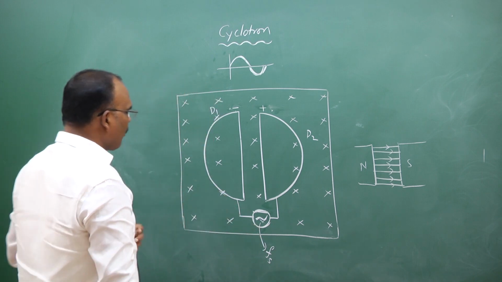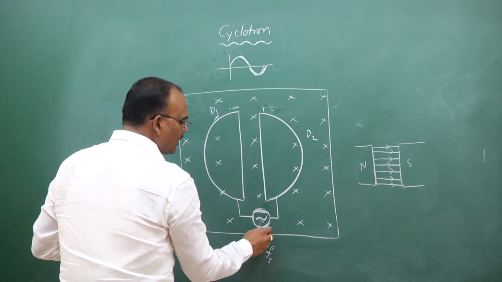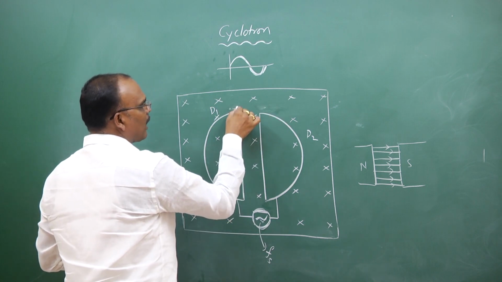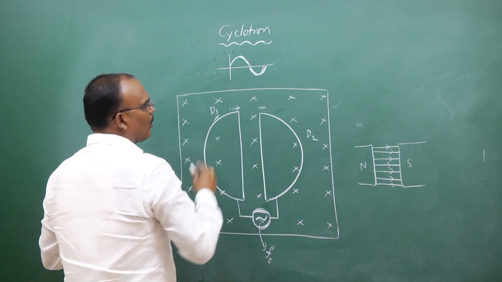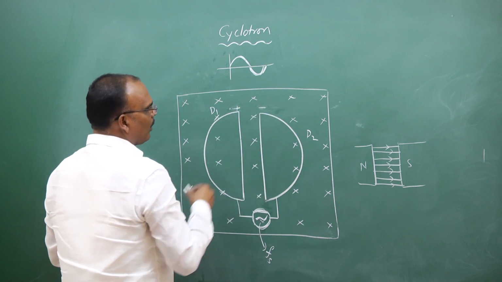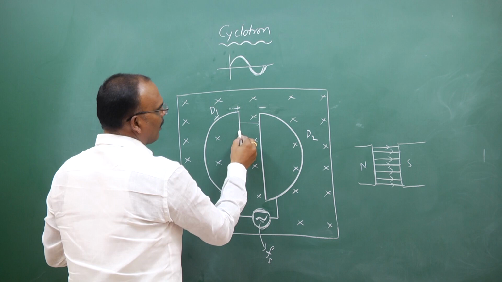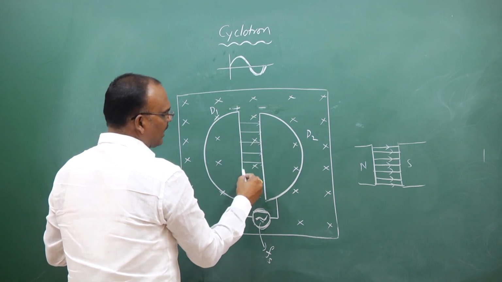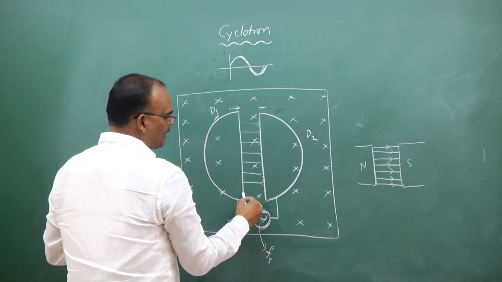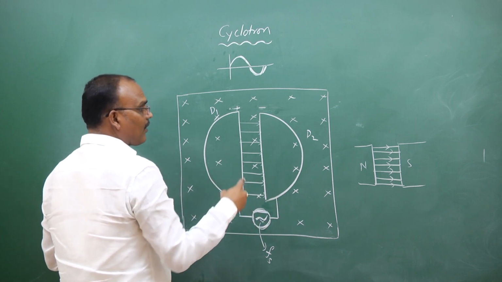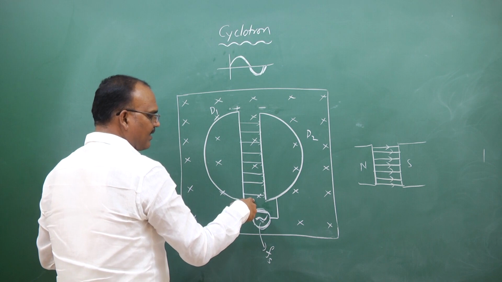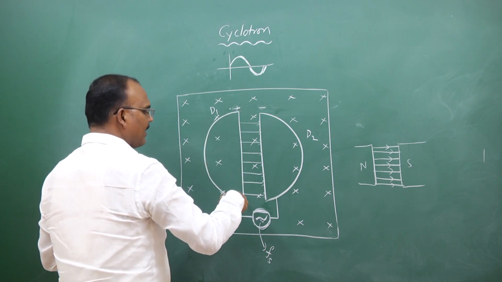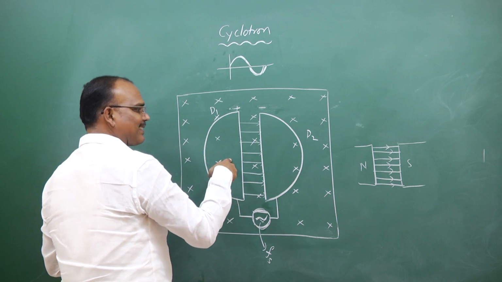See here, when we connect an oscillator here, for example, initially the polarity of D1 is positive and the polarity of D2 is negative, then the electric field will be from D1 to D2. See here, it is very important. Magnetic field lies everywhere, but electric field lies only between the Ds, because these hollow Ds are metals.